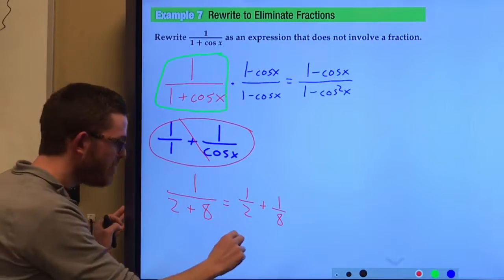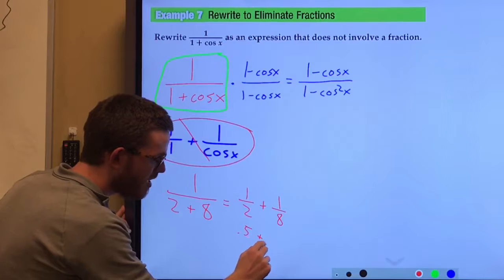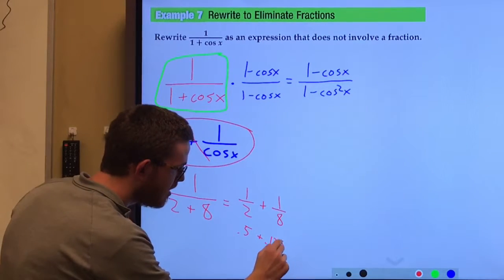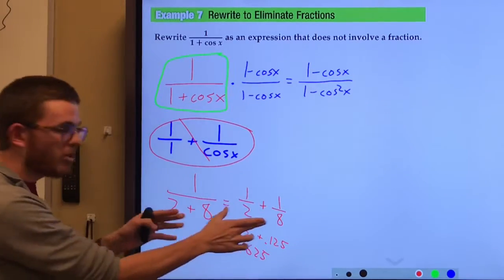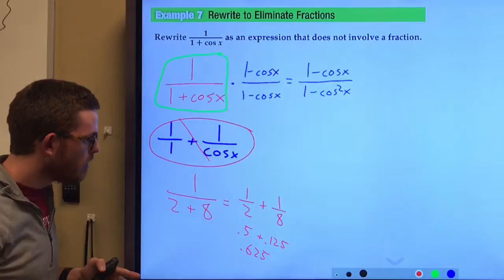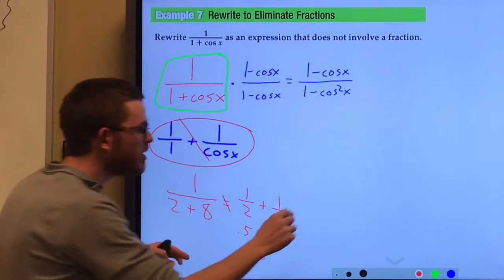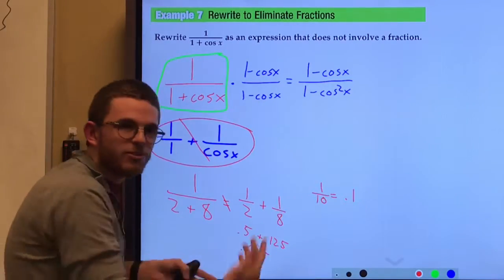Well, 1/2 is 0.5, 1/8 is 0.125. That gives us 0.625 if we were to break it up like that. Well, what we know is that doesn't equal that. We know it really equals 1/10, which is 0.1. Notice how these are not the same thing.